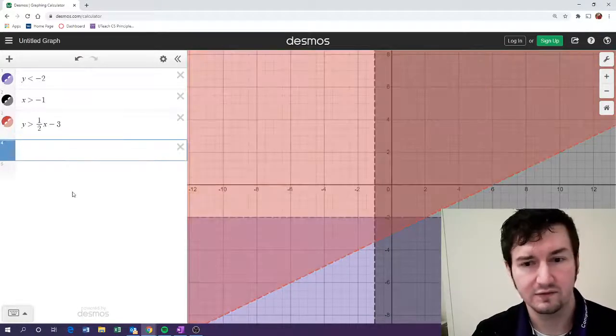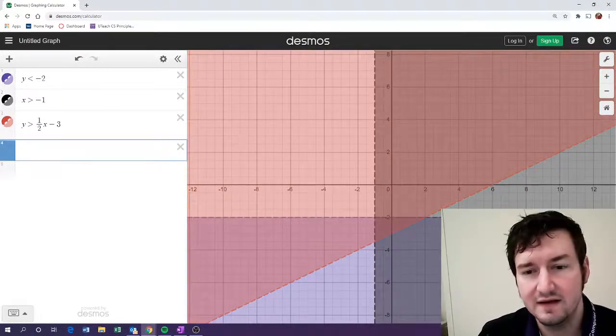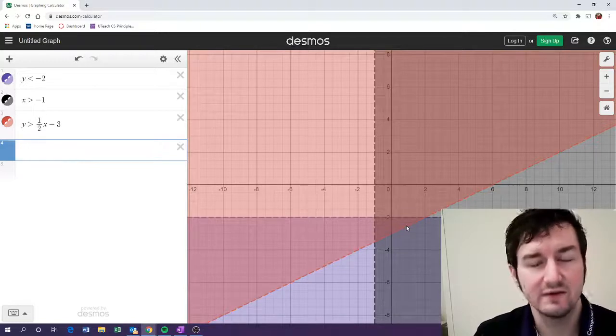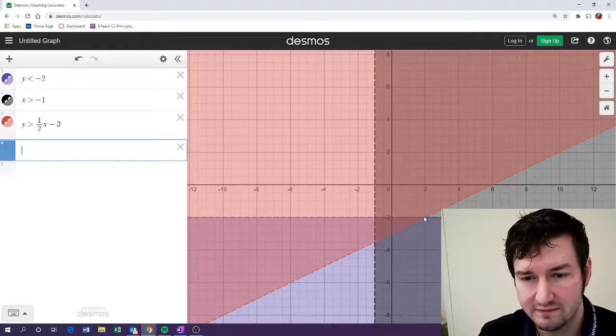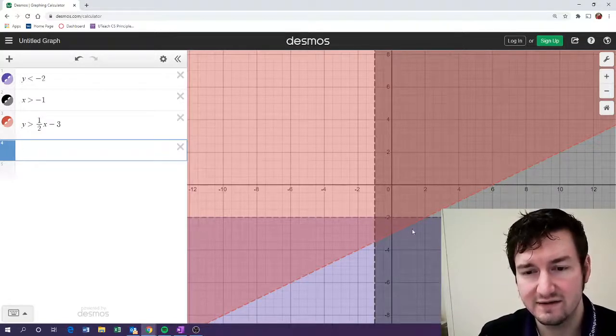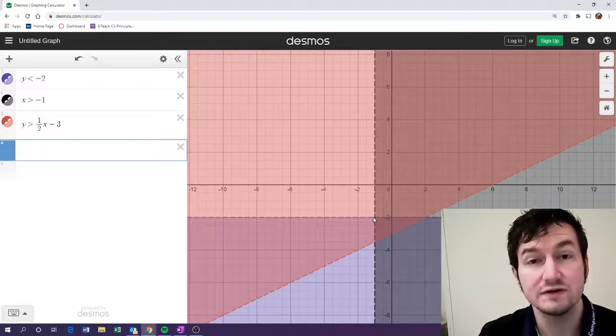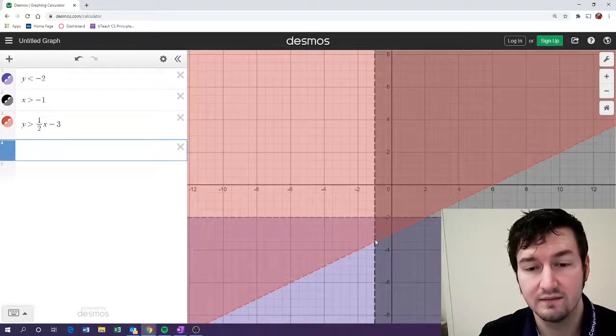We can see that the only place that these 3 inequalities overlap is right in this little triangle right here. So that right there is the solution to our problem.